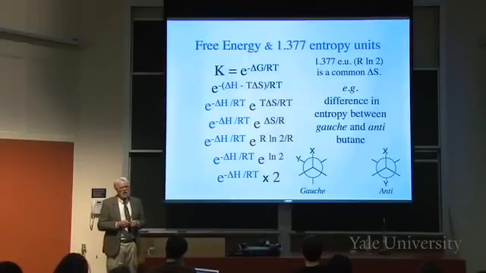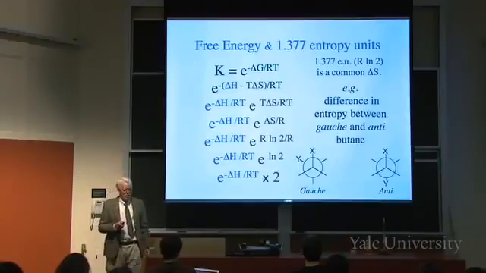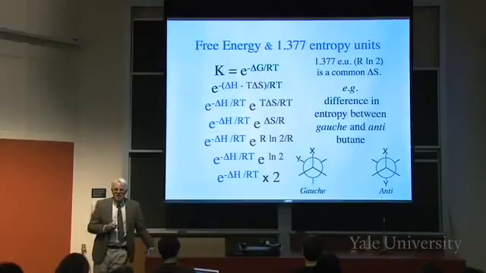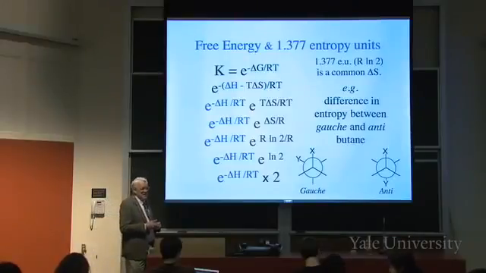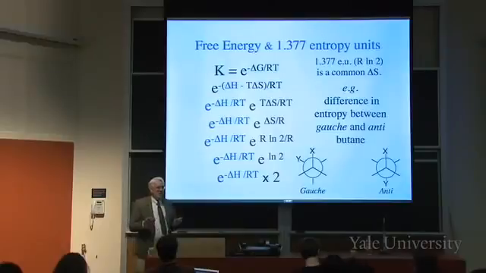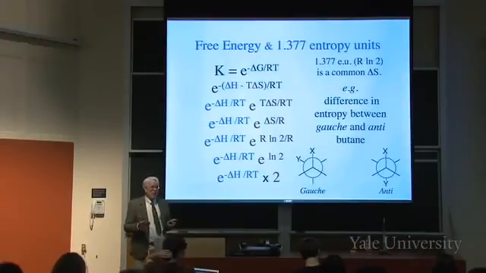Why should there be a factor of 2 that favors gauche over anti-butane? Yes? There are twice as many gauches as there are antis, because it can be right-handed or left-handed gauche. So you see what a crock this is to say that the entropy difference between gauche and anti-butane is 1.377 entropy units.